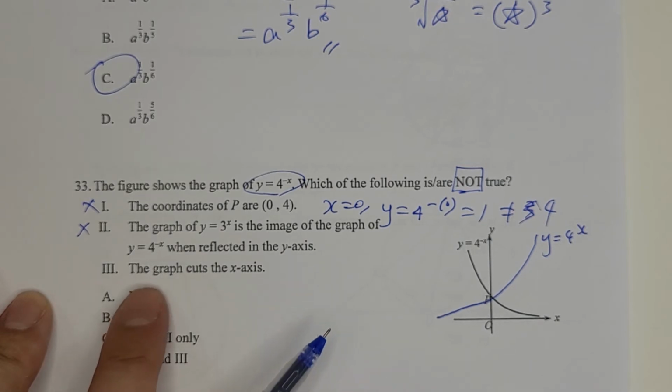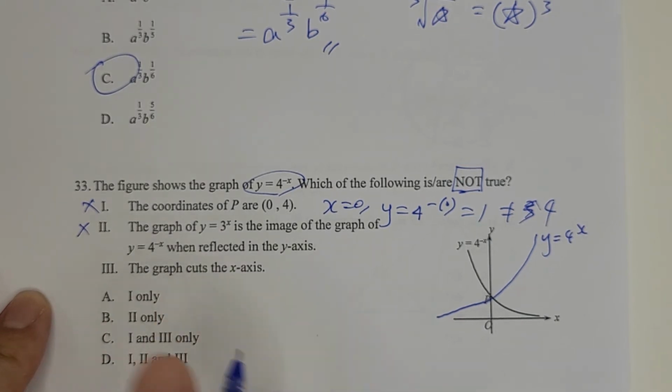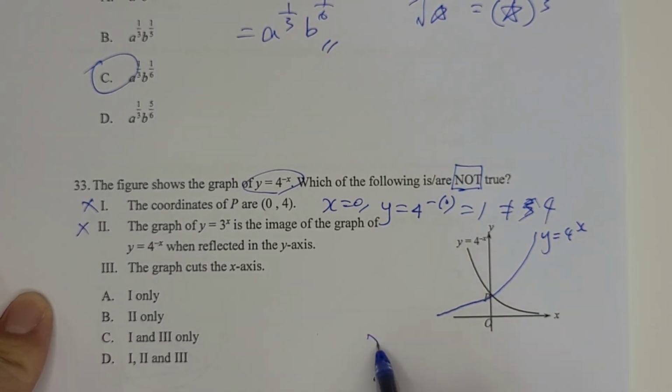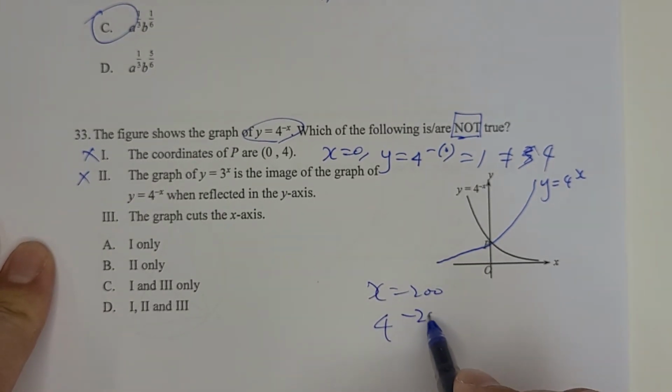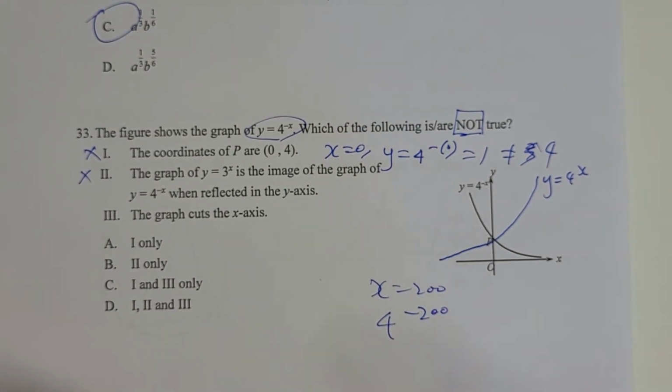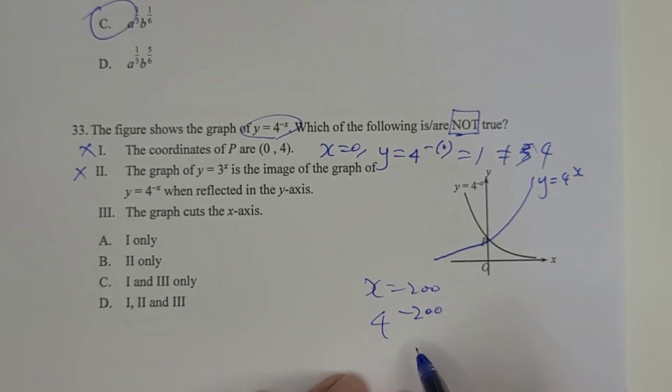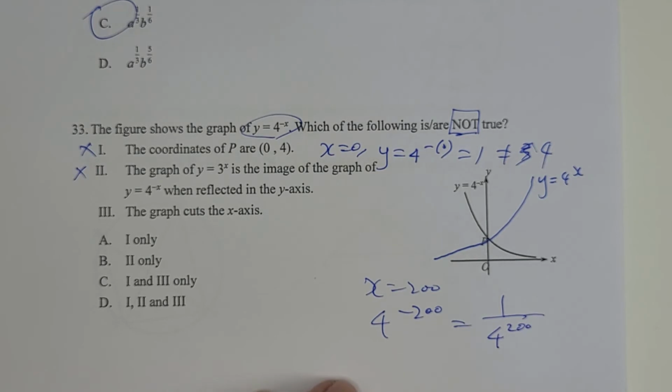And also, the graph cuts the x-axis. You will see that when x is very large, for example, x is 200, 4 to the power negative 200, it seems negative, but no, it's still positive. It can be changed to 1 over 4 to the power 200.